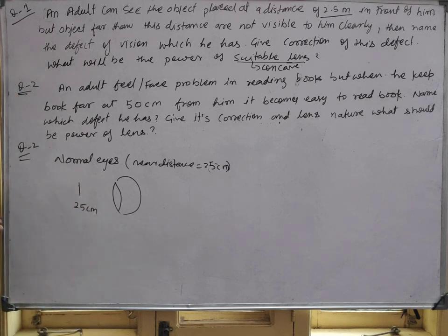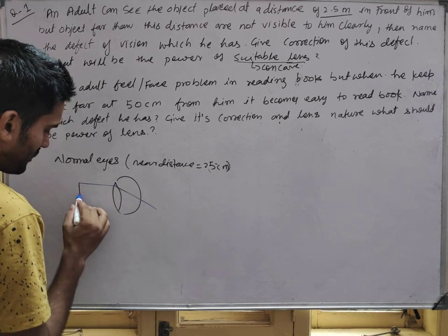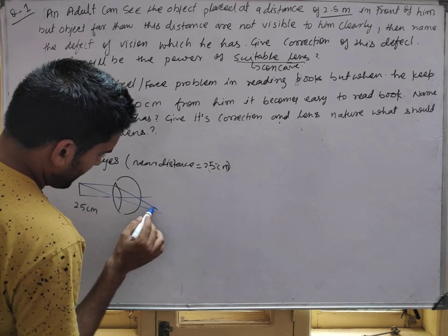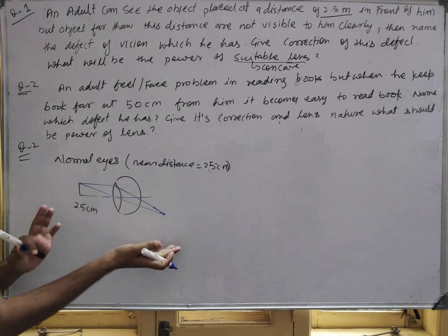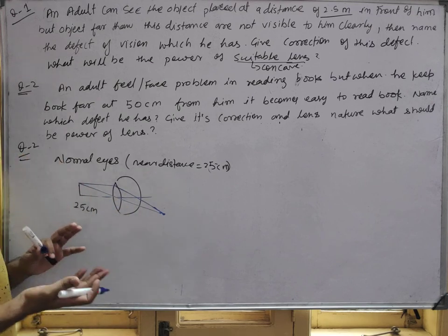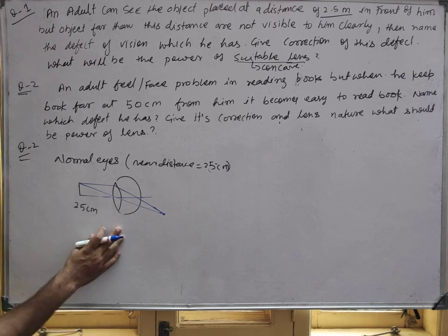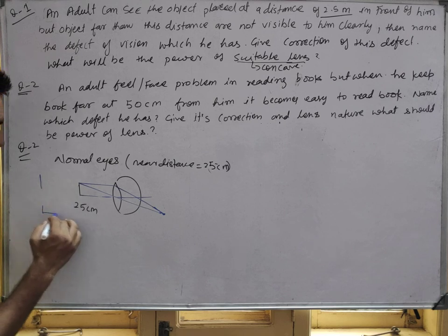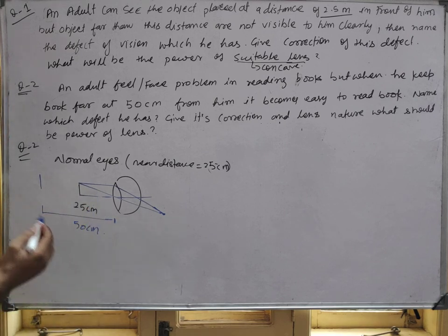Okay, it means that when an object is kept at 25 centimeters, he is not able to see the image. He is getting the image somewhere here, like this. So the image is formed behind the retina because he has farsightedness or hypermetropia, right? And if the object is at 50 centimeters from here, he can see the image.